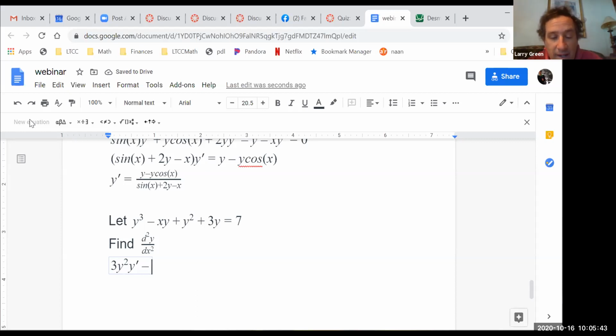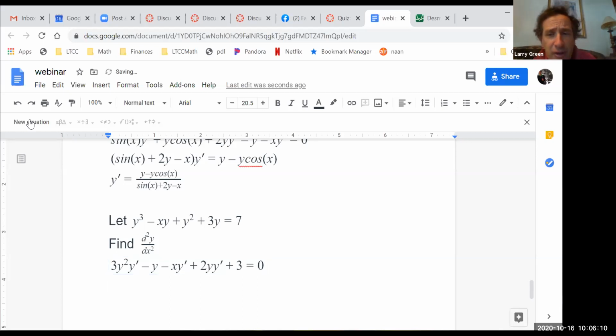Derivative of x is 1 times y. And then minus x times the derivative of y, which is y prime. So it's xy prime. And then plus 2y y prime. And then plus 3 equals 0. Any questions on that?